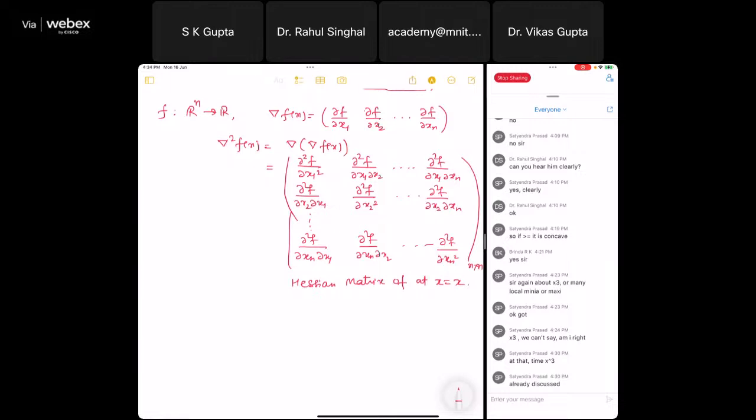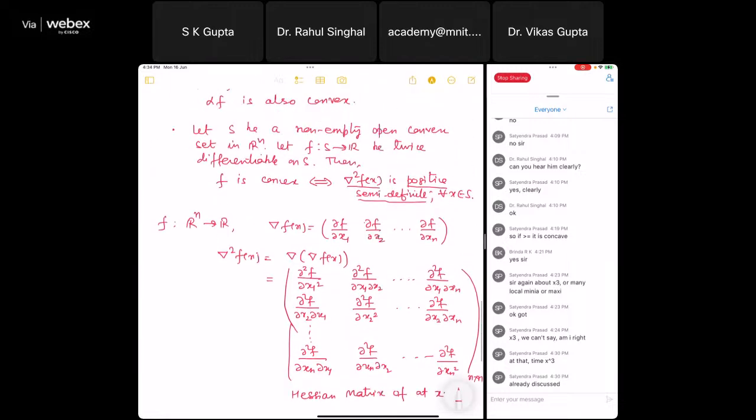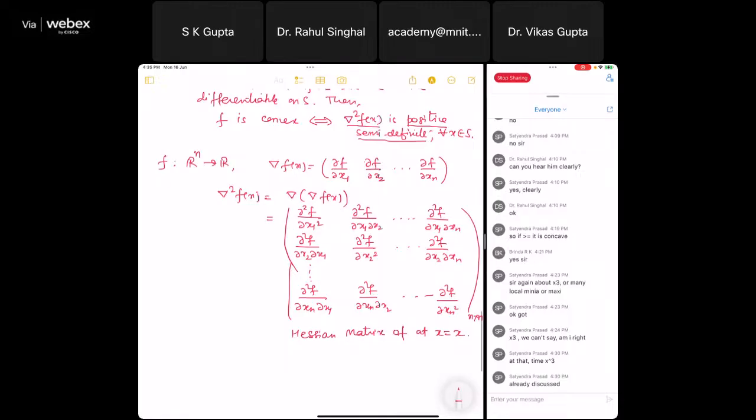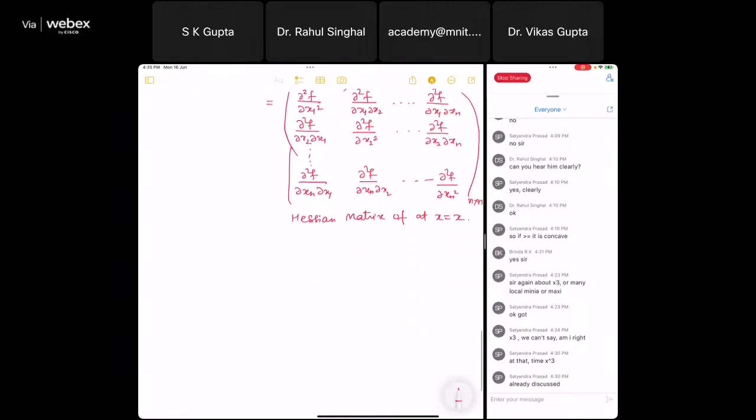Is it okay? Now, what do you mean by positive semi-definite? Let us see that also. Suppose A is a matrix of order n cross n, and A is symmetric also.